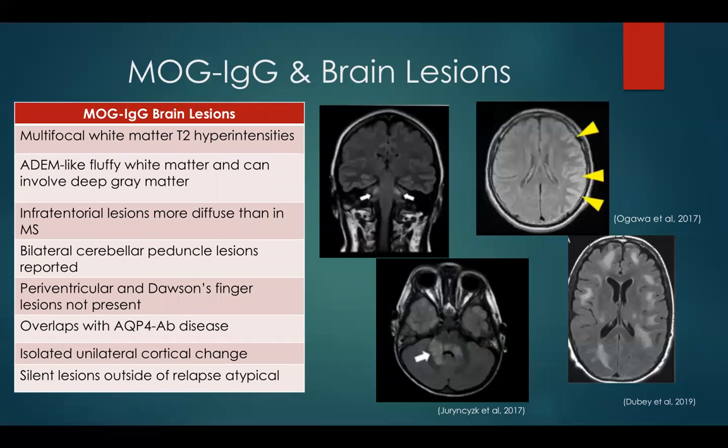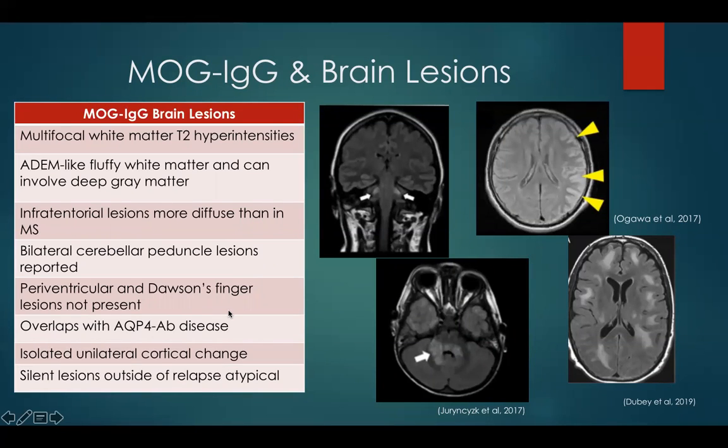You can have multifocal white matter changes, subcortical changes, and your typical ADEM fluffy white matter changes. You can also have infratentorial lesions, but typically the infratentorial lesions are more diffuse than in MS. And you can also have bilateral cerebellar peduncle lesions secondary to anti-MOG, as highlighted here.